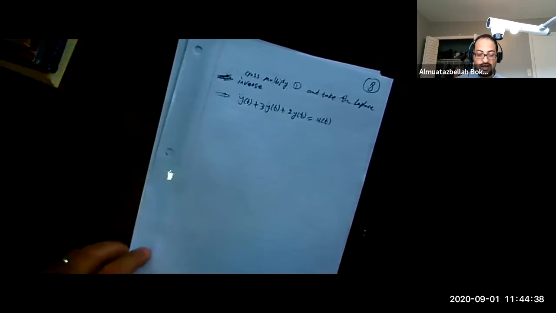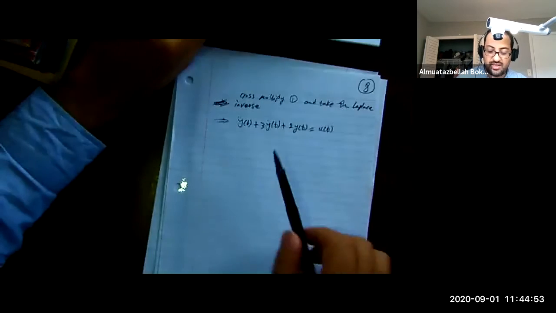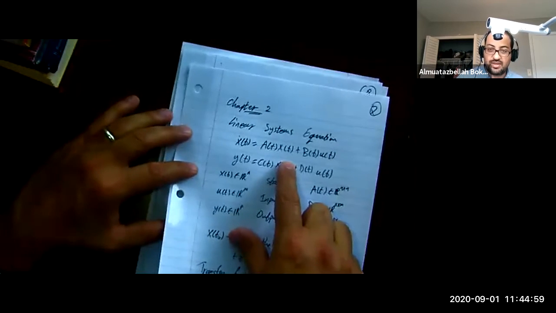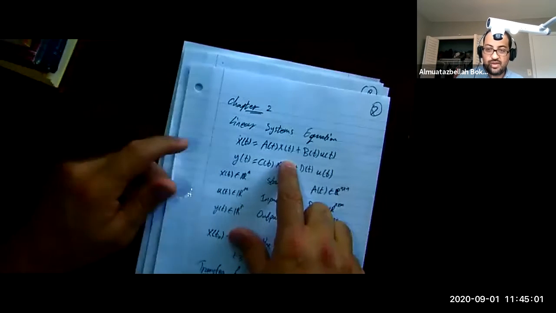Anybody, there is something that I can do to go to that form. Can anybody help me with that? Laplace. What's that? Laplace. No. My question is, if I have something like this, and I want to go to the state space representation, how can I do that?